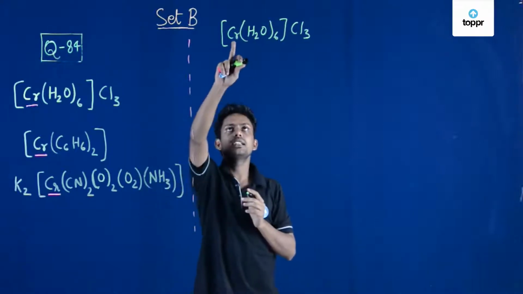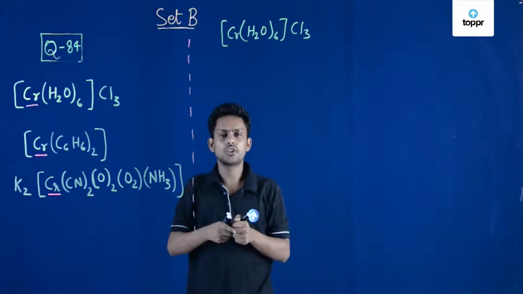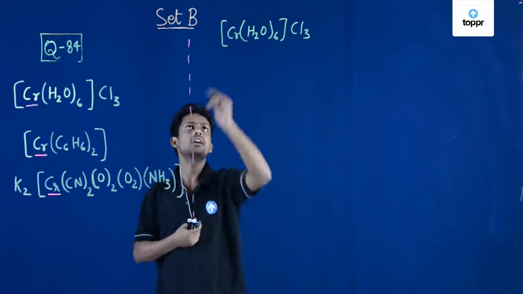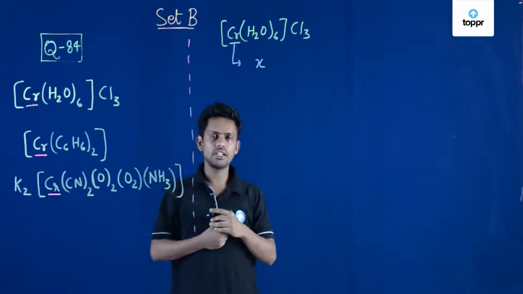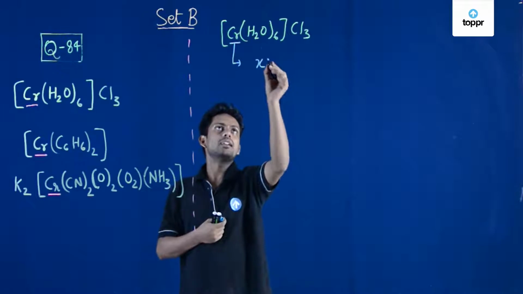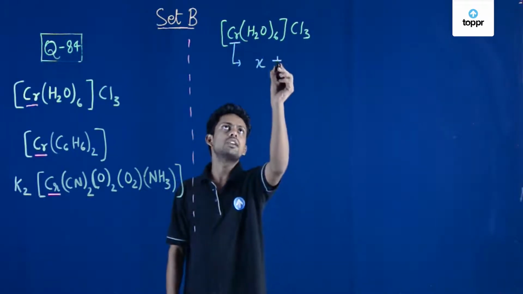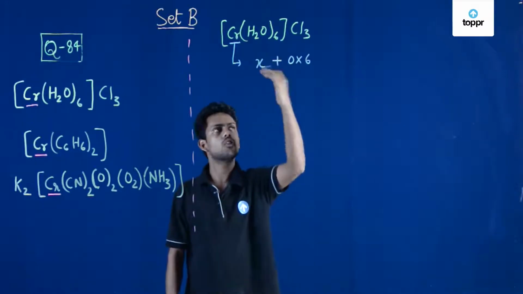So for this case, because we don't know the oxidation state of chromium, let's assume that it has oxidation state X. This is the unknown quantity that we need to find out. And for H2O we know that it contributes 0, so we have 0 multiplied by 6, so all the 6 H2O ligands will contribute 0.